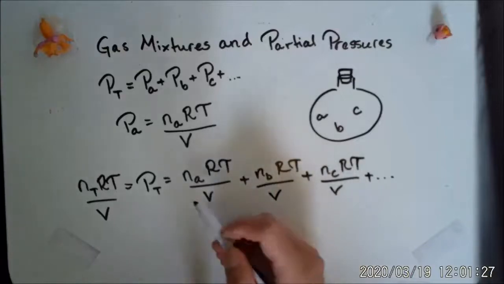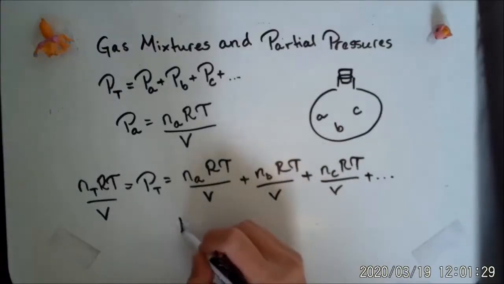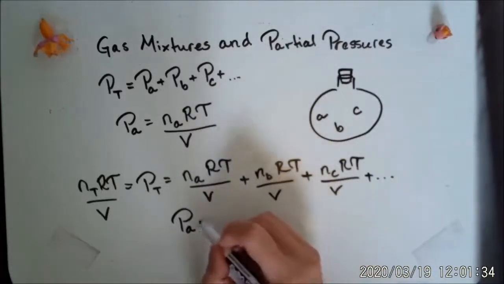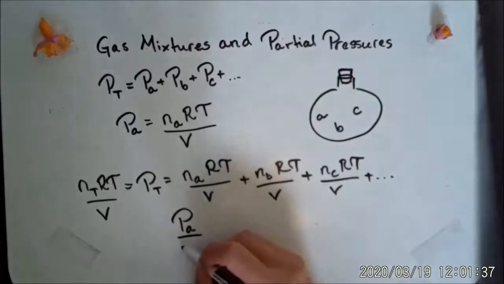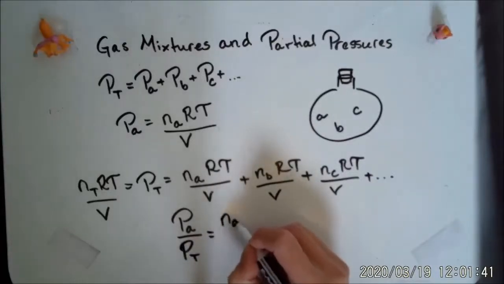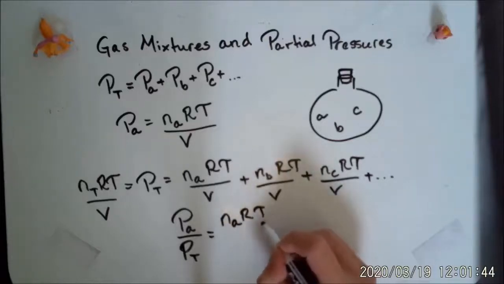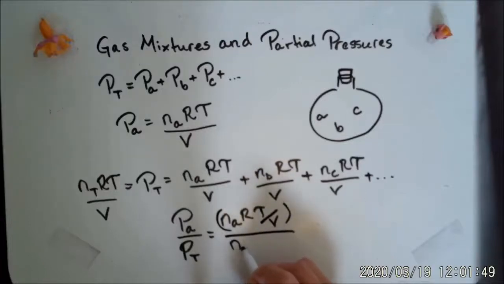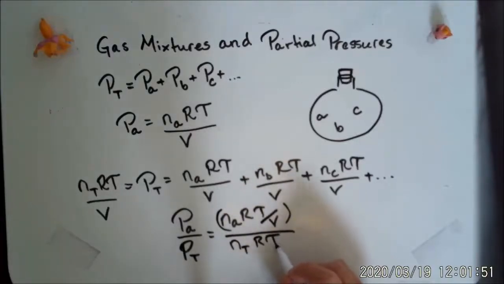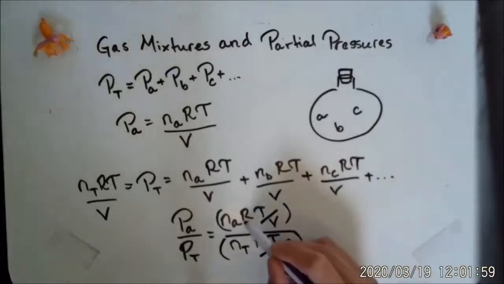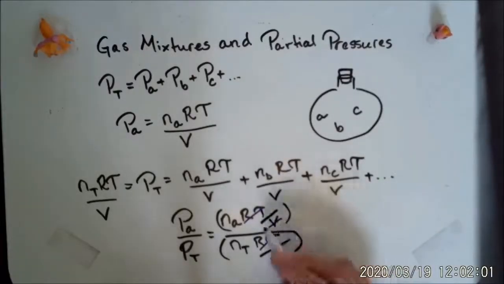If we look at my partial pressure of A, let's go back to here. The partial pressure of A relative to the total pressure is going to be equal to NA RT over V divided by N total RT over V. If we rework this equation, the RTs cancel out, the Vs cancel out.